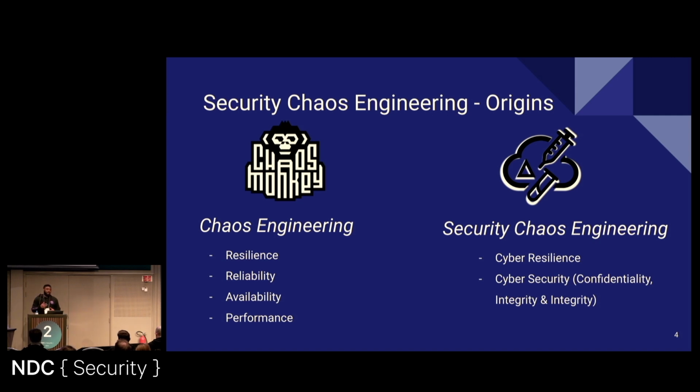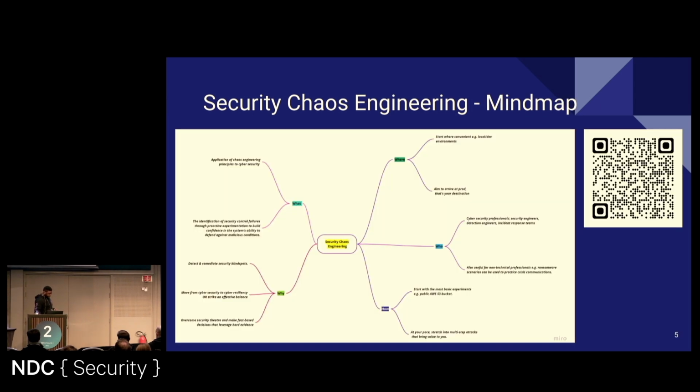And of course, you have integrity, you have also confidentiality. But the core of this idea, the huge motivation, was how can we actually practice cyber resilience? Like how can we actually be resilient against attacks? By practicing security chaos engineering, you're able to achieve this, and we'll be discussing more about this in the next slides.